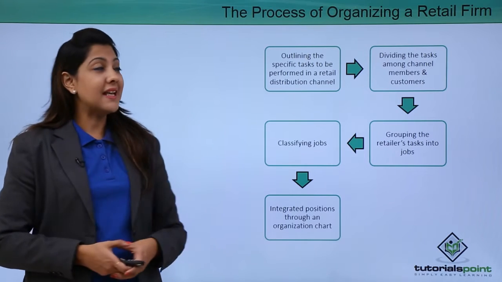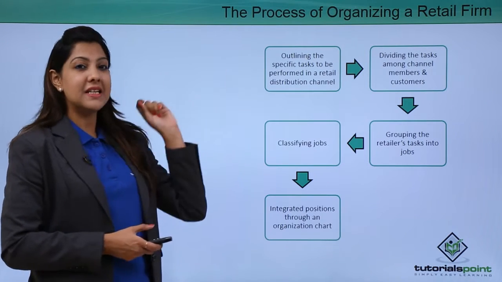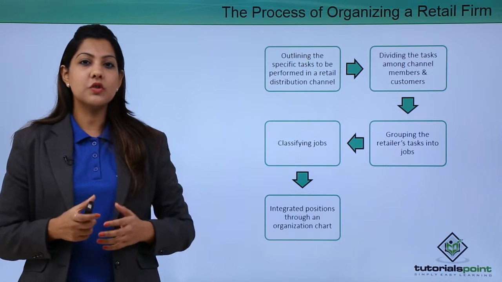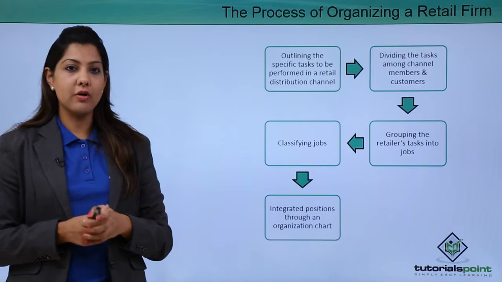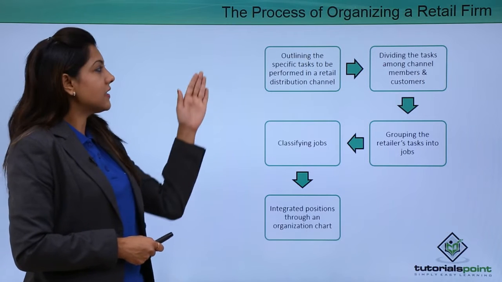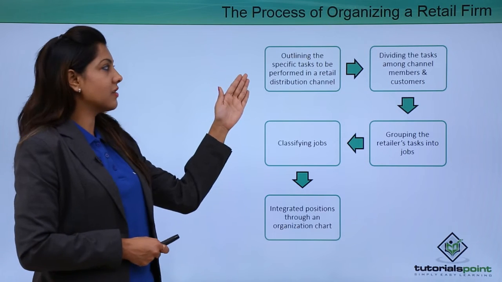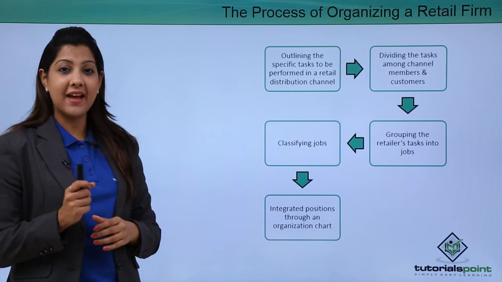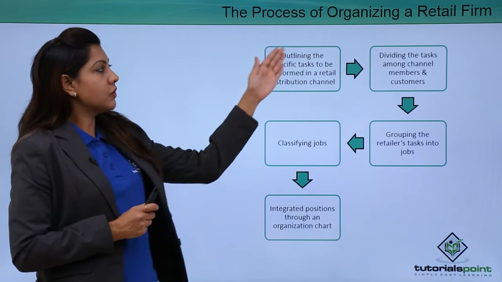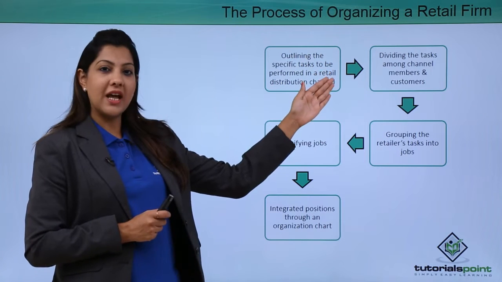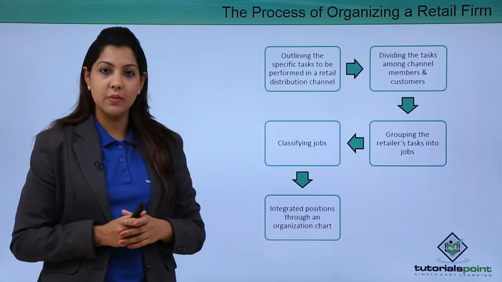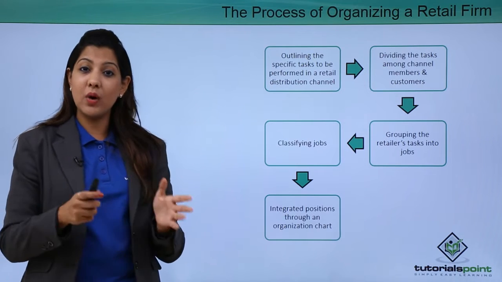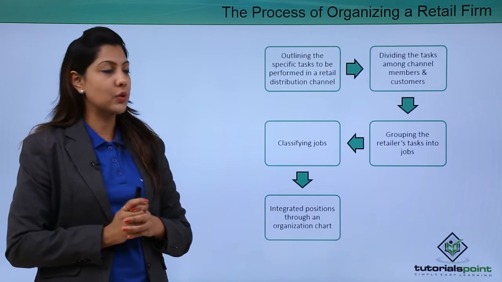Talking about the process of organizing a retail brand. Anybody who wants to take a look at what goes into making a retail firm or a brand, let's take a look at that. Outlining the specific tasks to be performed in a retail distribution channel, you need to understand that very essentially. Also then dividing the tasks among the channel members as well as the customers. You have to understand who will do what particular task and divide roles and responsibilities accordingly.